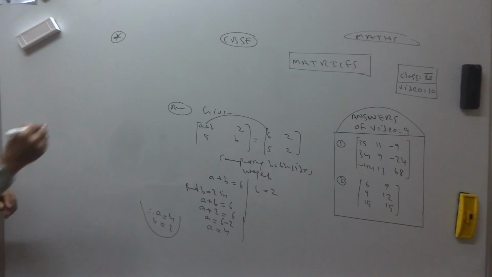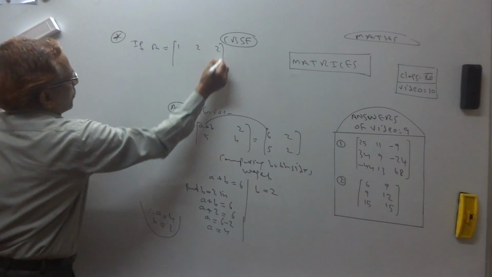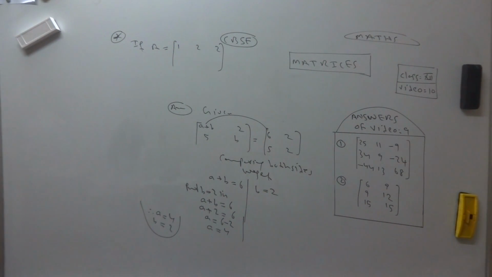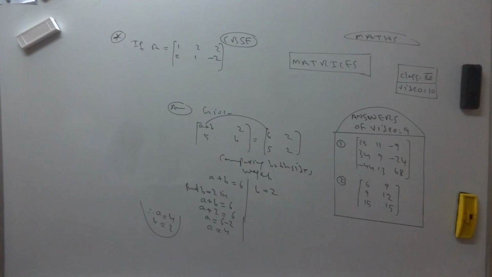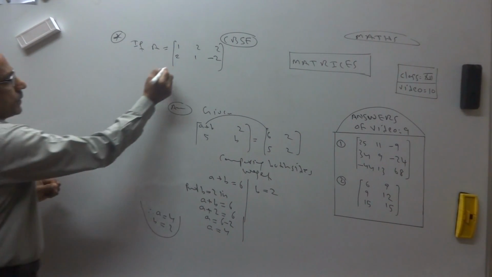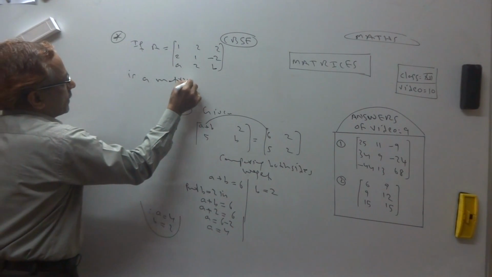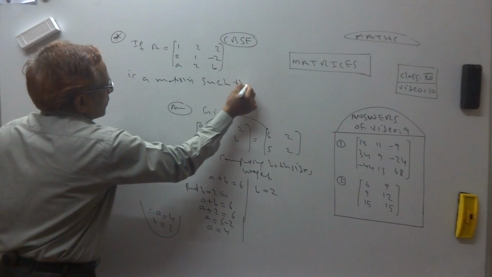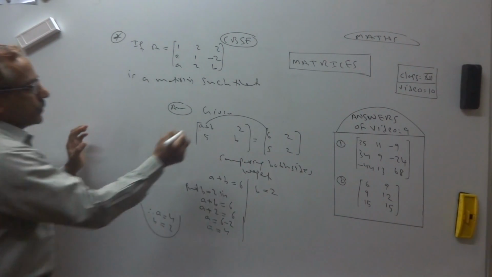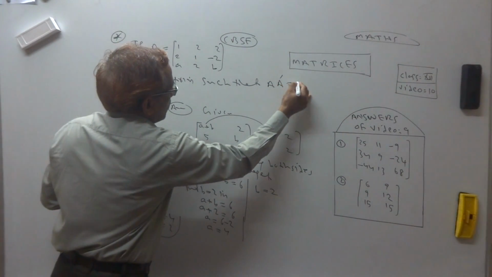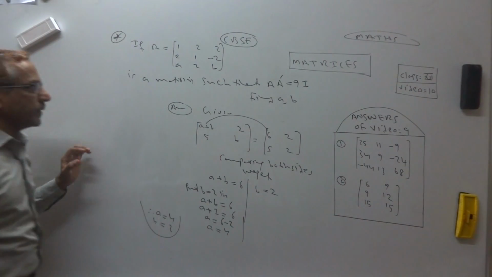If A is 1, 2, 2, 2, 1 minus 2, A to B is a matrix such that A transpose is 9I. Find A, B.